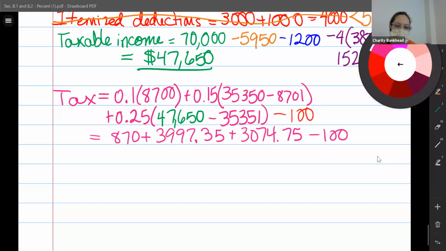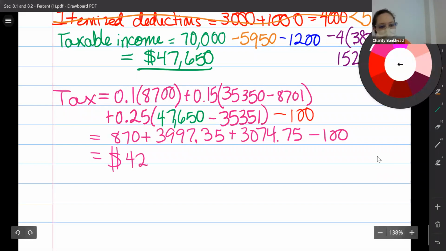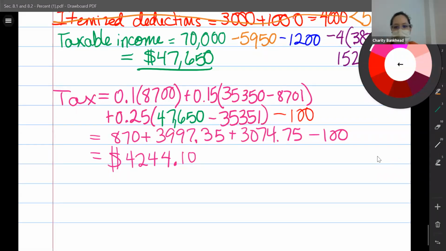All right, so for my final answer, I have $4,244.10. So, oh, maybe I typed something in wrong. Oh yeah, I can see right here. I typed it in wrong right here. Yeah, I left out a digit.